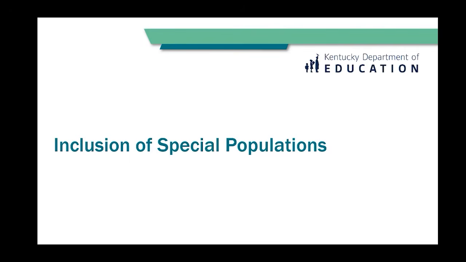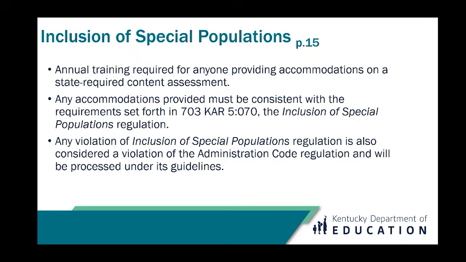The Administration Code regulation discusses inclusion of special populations on page 15. Anyone providing accommodations for students with IEPs, 504 plans, or PSPs needs to participate in annual training on the inclusion of Special Populations Regulation 703 KAR 5:070 as well.